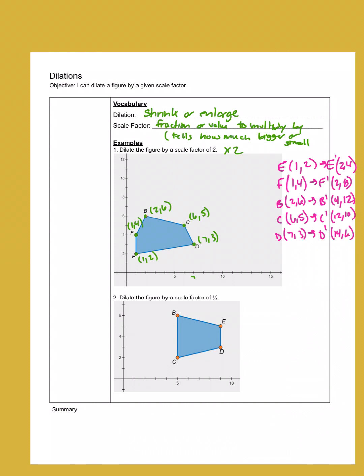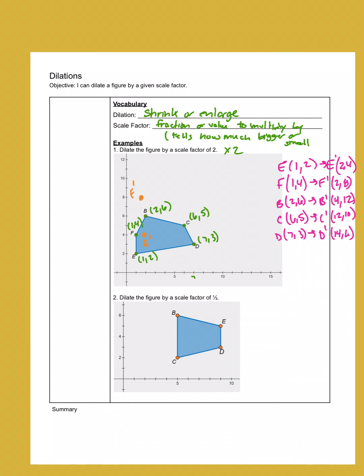Now I'm just going to go ahead and start plotting all those points. So E prime is at 2, 4. And that was E prime. And then F prime is at 2, 8. That's F prime.